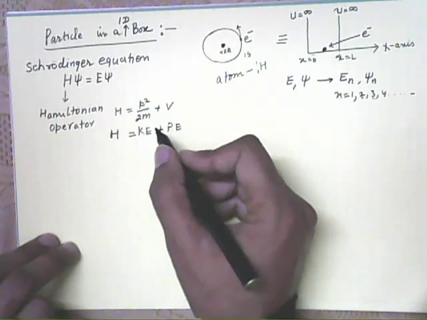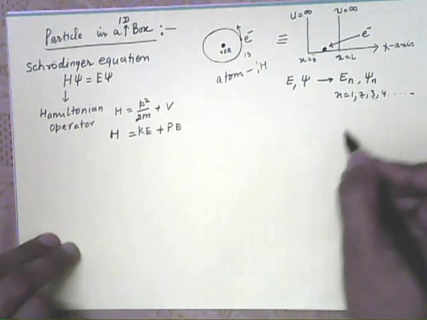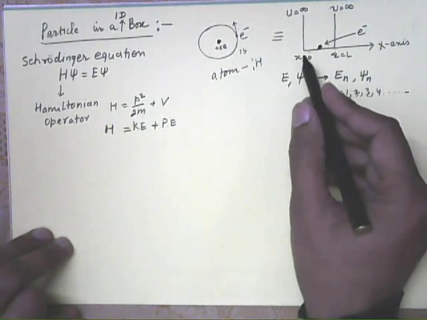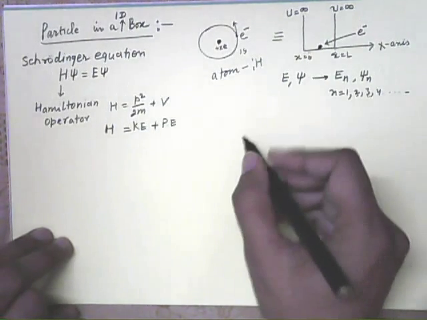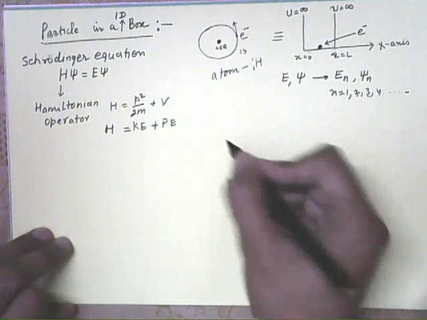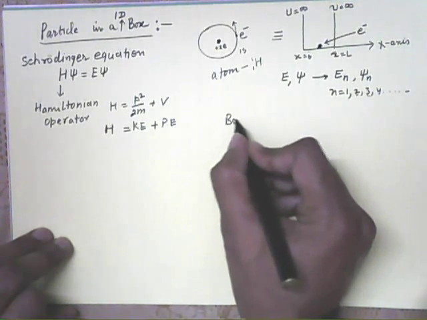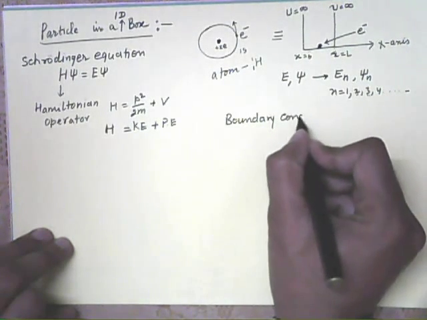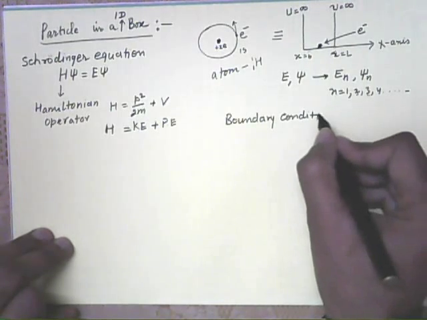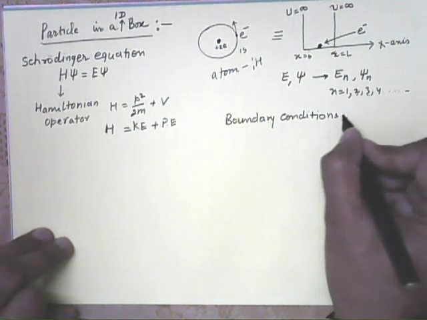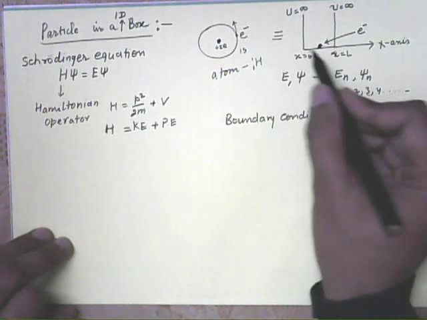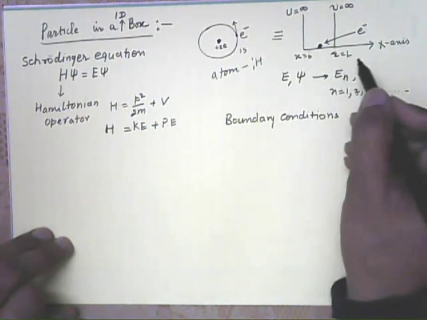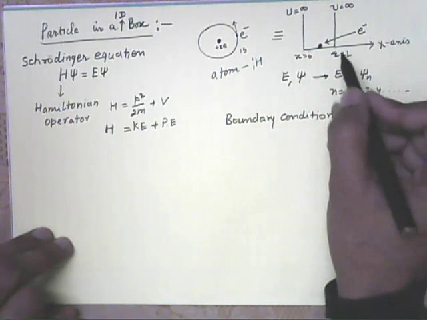Now we have to check the boundary conditions. What are the boundary conditions? The boundary conditions are at x equal to 0 and at x equal to L. These are two boundary conditions.